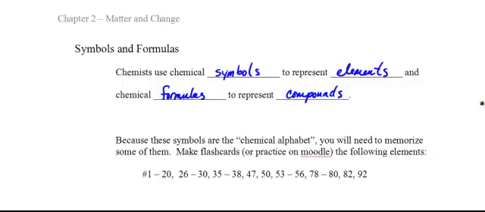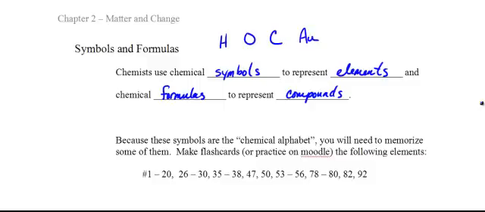For example, different chemical symbols would be something like H for hydrogen, O for oxygen, C for carbon. Gold is actually Au, and you'll learn that in just a little bit.